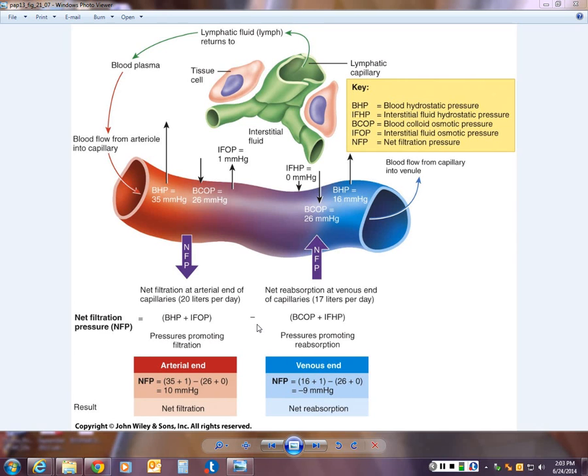The second means of capillary exchange I want to mention here is called transcytosis. With transcytosis, it's basically two processes that you've been exposed to before, but those two processes are coupled together. They are the process of endocytosis, in which materials are taken up by a cell, and then exocytosis, in which those materials are released.